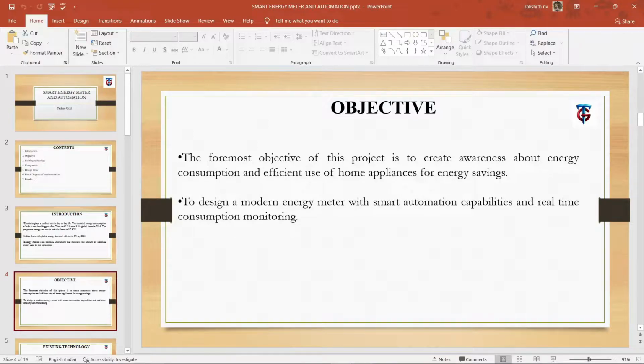So basically we are fetching the data about the consumption of energy, and we are going to push the data into the cloud and an app, so that users can daily monitor how much energy they are spending at the end of the day or whenever they need, and plan for energy savings accordingly. And also smart automation capabilities are added to this project, like automatic light on and off using an LDR sensor, so that even the energy consumed by this part is saved.